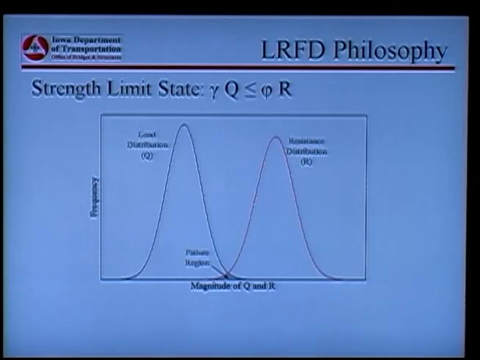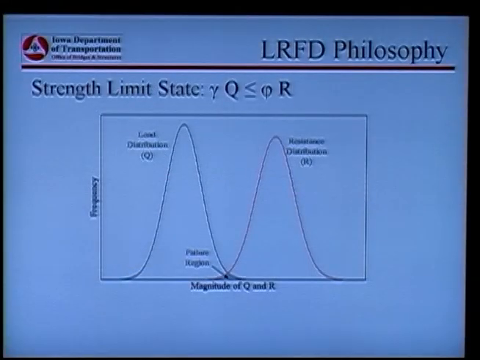Okay? So if the load is greater than the resistance, we will say that the system failed, which means that the foundation is insufficient to support the load. So in this region where it overlaps, the load could be higher than the resistance, and that defines the failure region.